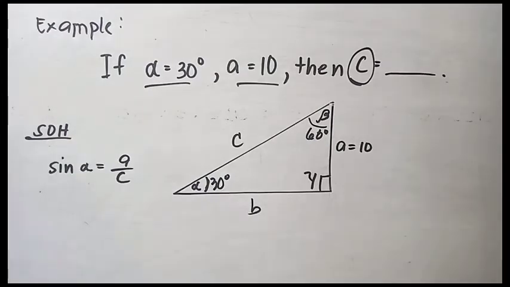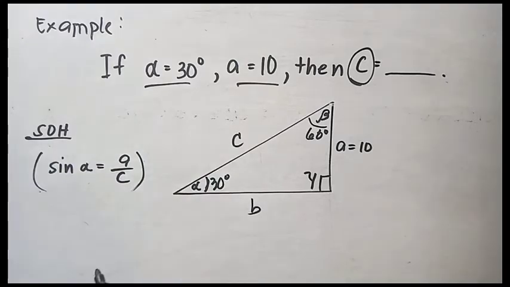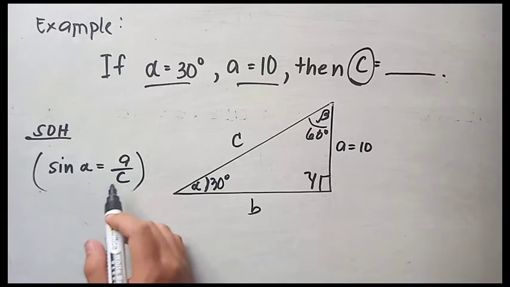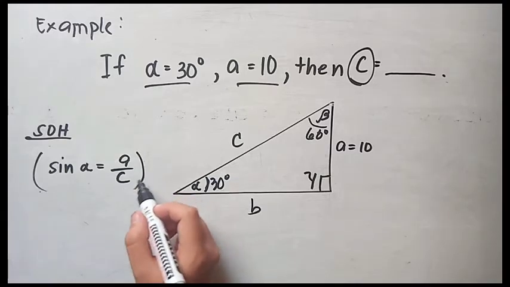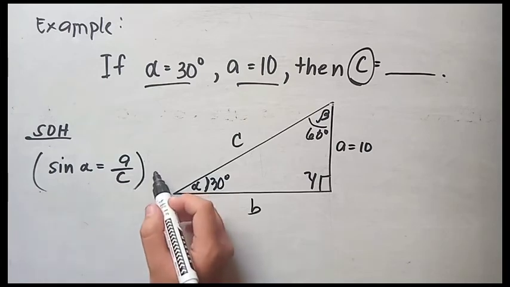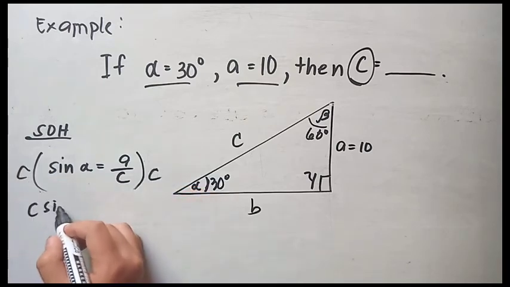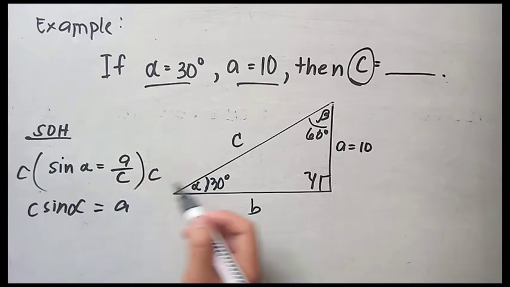So, how to derive? So, ang goal natin dito is matira si C dun sa isang side. So, alam ko na alam nyo yung cross multiplication process. Pero, this is another approach. So, yung multiply natin sila both sides by C. So, C sin alpha is equal to A na lang.